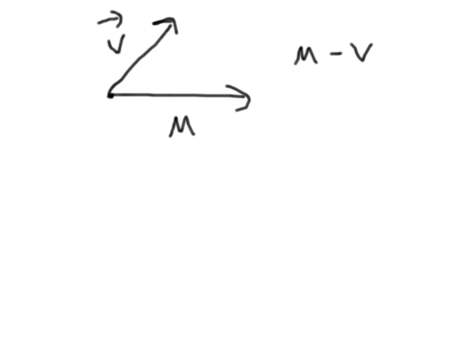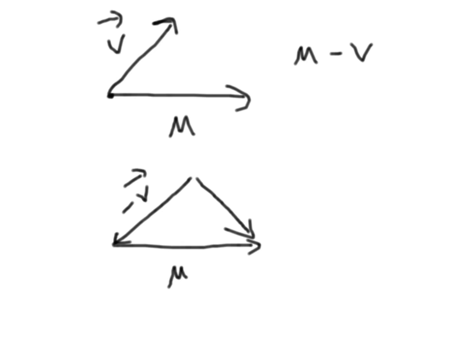Let's just take the usual rules to compute this, and let's draw again u and minus v. You can see this is minus v. So u minus v is this vector. This is what we are interested in.